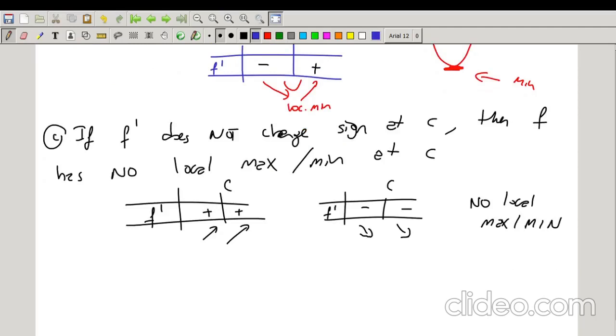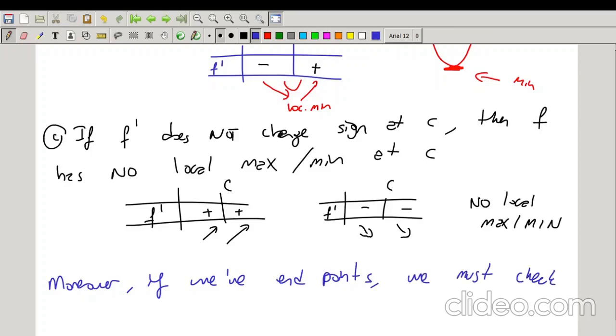Moreover, if we have endpoints, they must also be considered. We must check the values of f at these points.